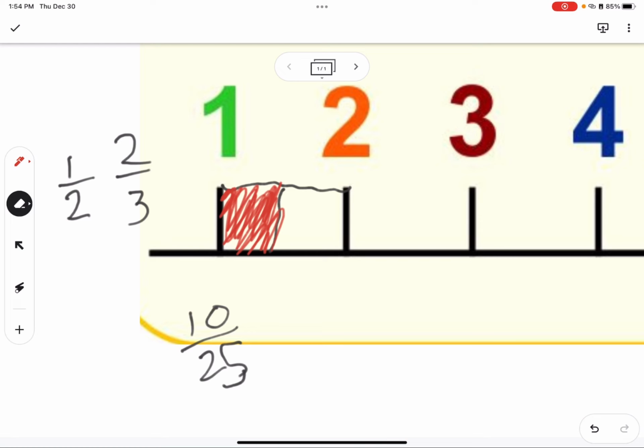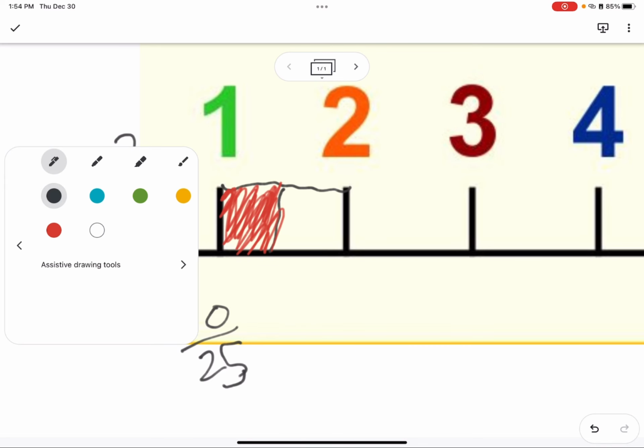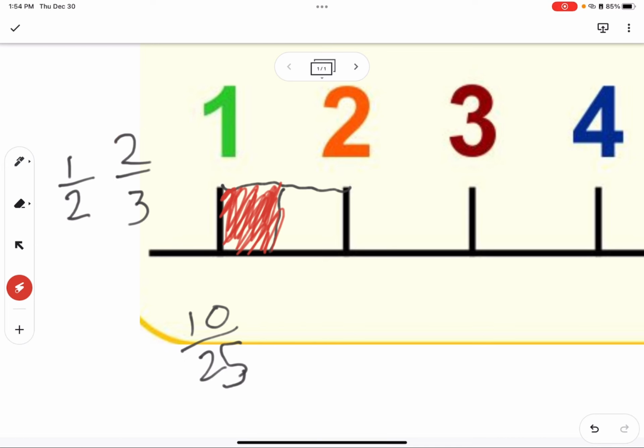So let's look at the 2/3 fraction now, okay? I'm going to use this 1 whole part. How many equal parts am I going to divide this whole into? 3. That's right. So let's try to do that as well as possible. So I've got this, and we're pretending these are 3 equal parts, okay? And if it tells me to shade 2/3 of it, how many of these equal parts am I going to shade in?